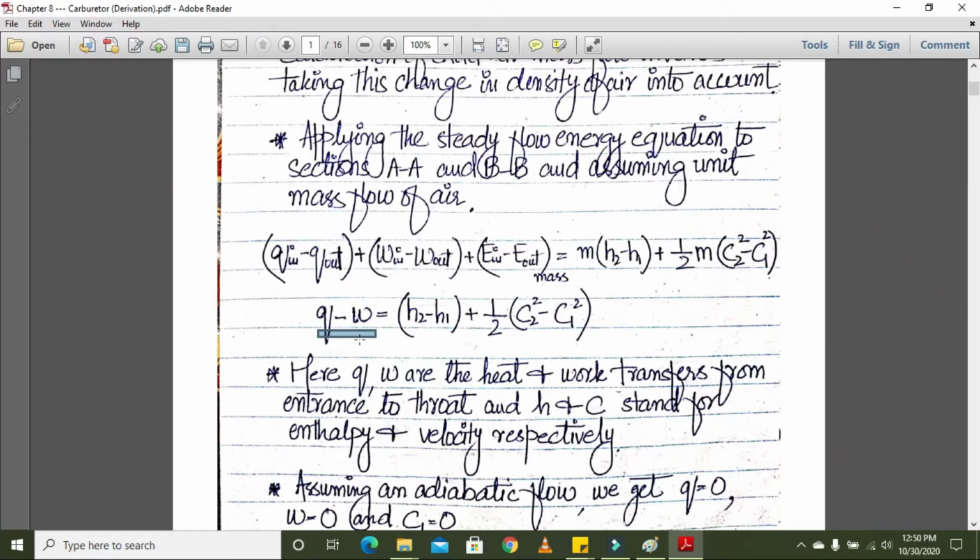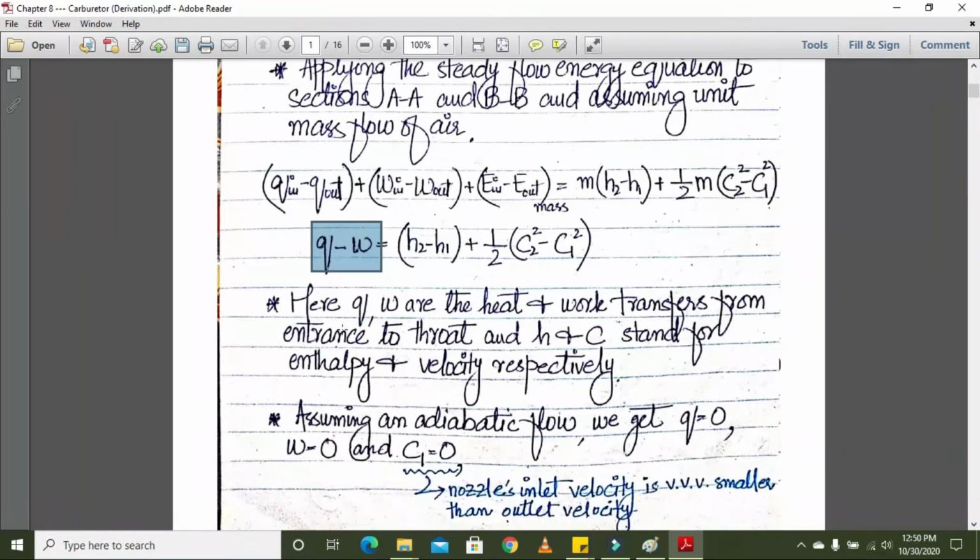And since we have an adiabatic process, we do not have any sort of energy changes, and we do not have any work as well. So these terms will be equal to 0.